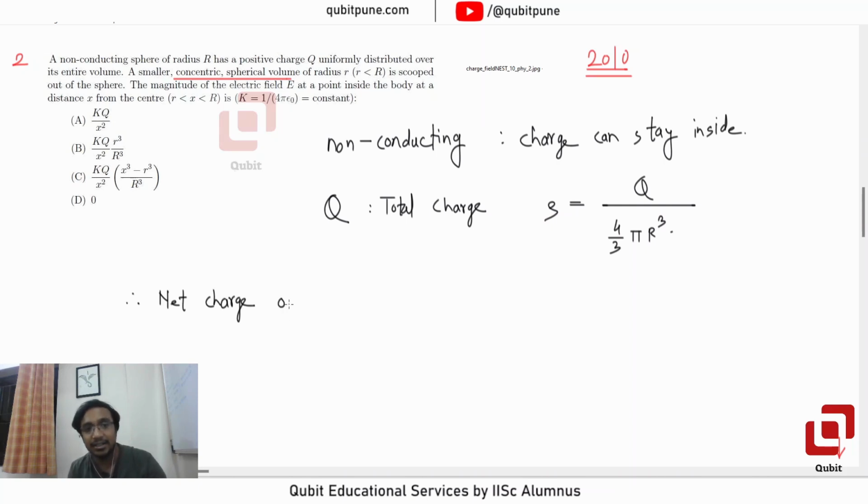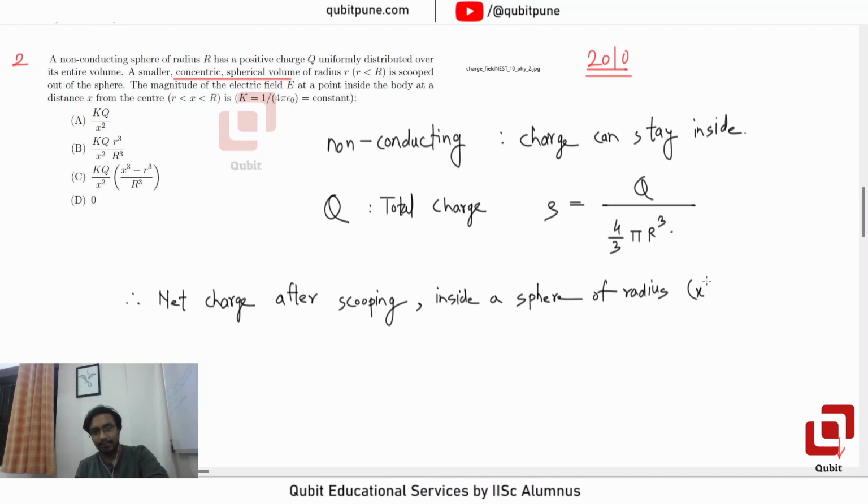So I can say net charge after the scooping. Net charge after the scooping, what would it be? Inside, let's put it this way, net charge after scooping inside a sphere of radius x. Inside a sphere of radius x, what would it be?